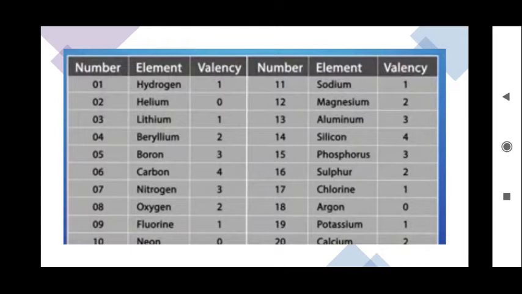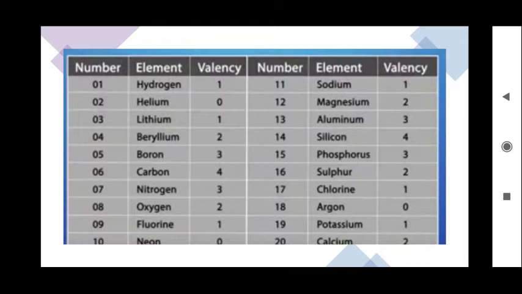Some elements have valency 0, like helium, neon, argon, krypton, xenon. All these have valency 0, meaning they are already stable, so they don't react or interact with any other atoms to attain stability. Hence they are called noble gases. I hope you have studied this in your previous classes.